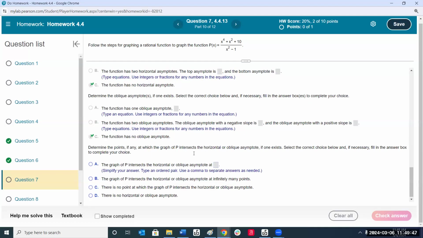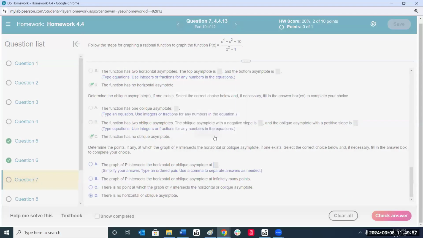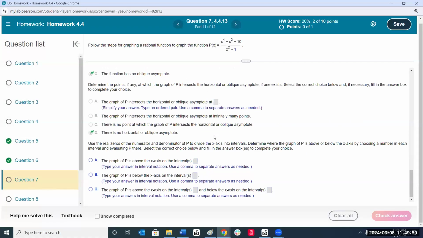Determine the points in which it intersects the horizontal or oblique asymptote, if one exists. Well, this one was easy so far. None of them exist. Use the real zeros of the numerator and denominator to determine above or below the x-axis.